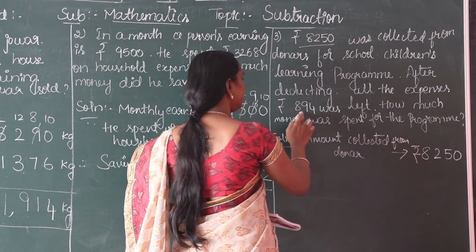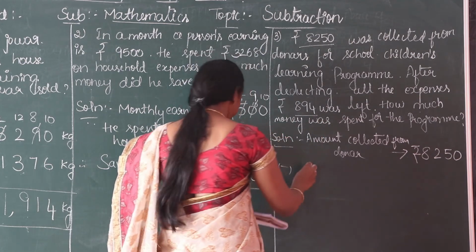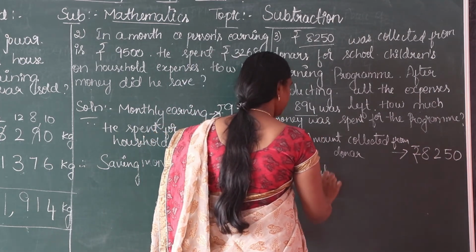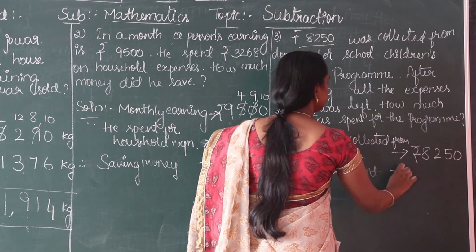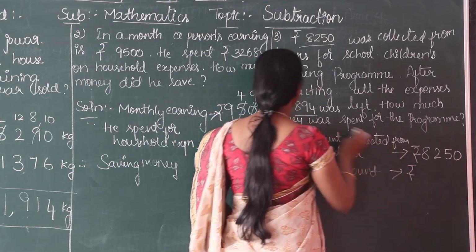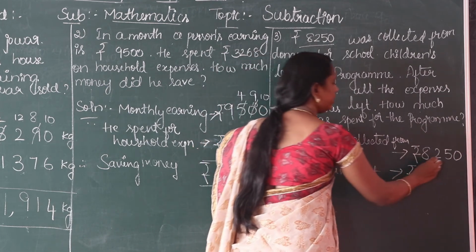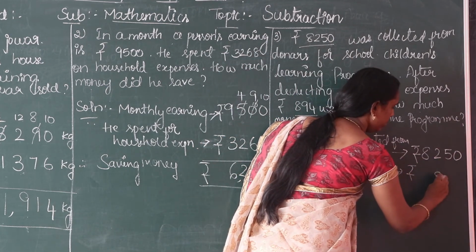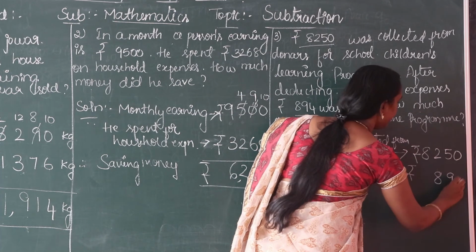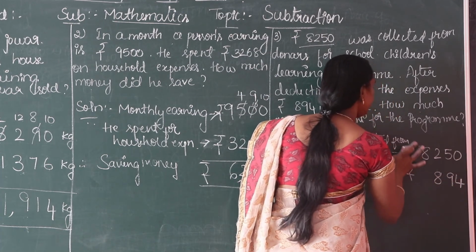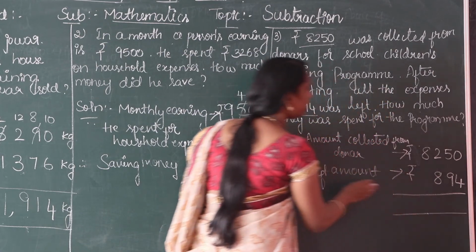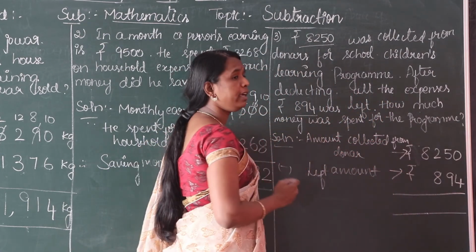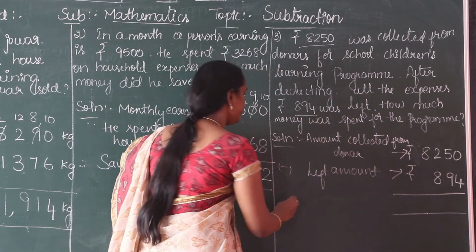Rupees 894. Left amount, write in the correct place. So 8 is in the 100 place. So right below the 100 place, 894. So now we have to calculate the spent amount for the program.